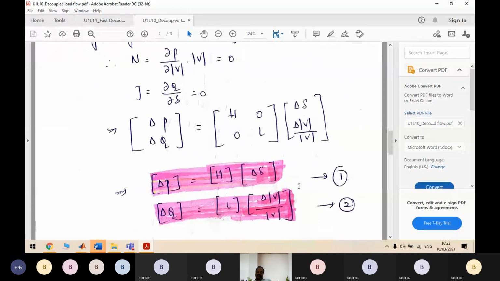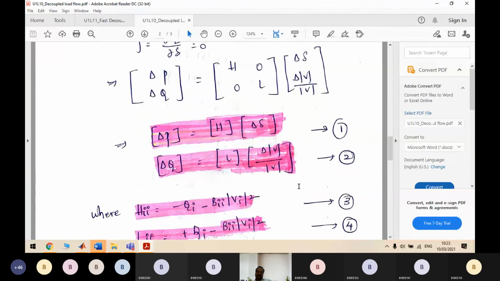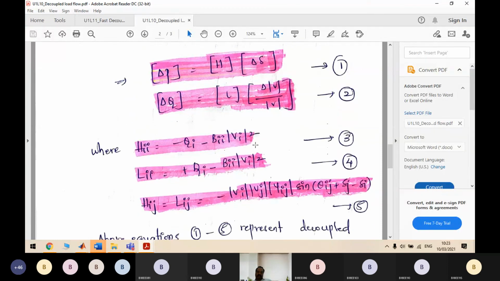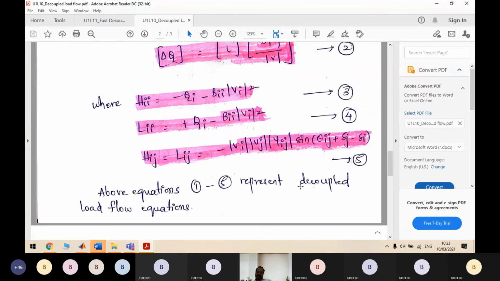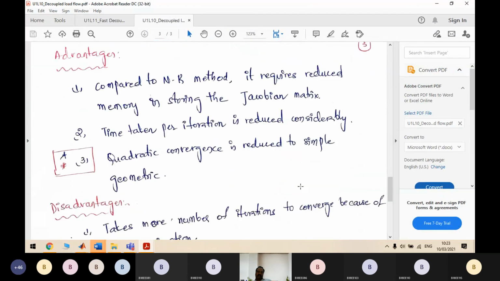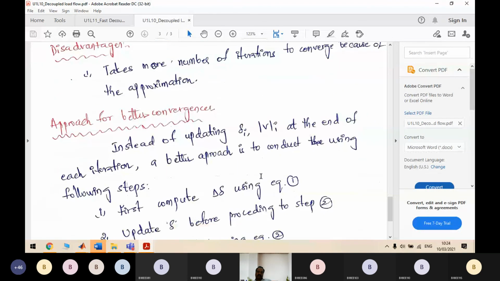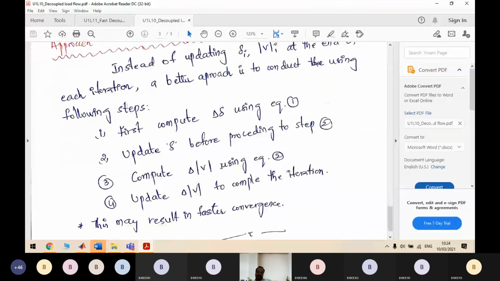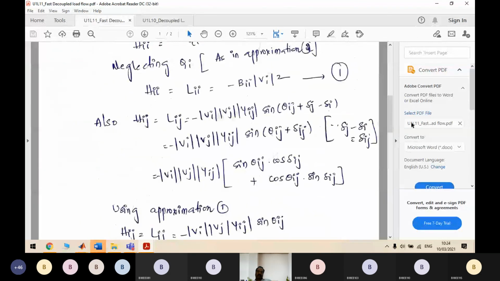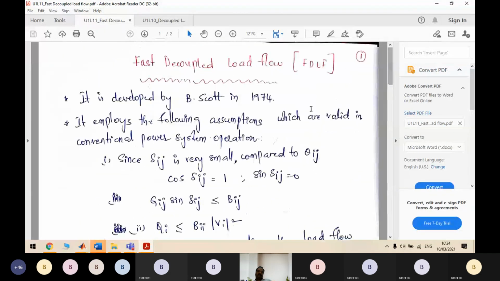We wrote this in matrix format and derived the expressions for these elements, along with the advantages, disadvantages, and the approach for better convergence. You can go through this, and after completing it, come back to the fast decoupled method.